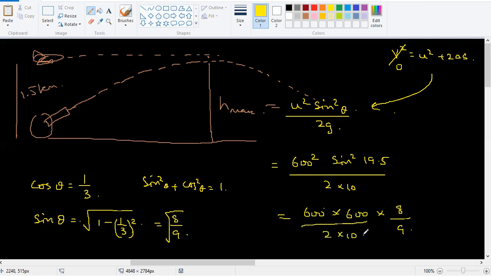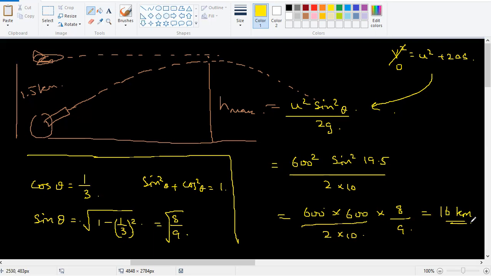So do the math and we'll get the answer. So this is an important trick in trigonometry. Whenever cos theta is known, you can calculate the sin theta. Or whenever one of them is known, you can calculate sin theta, tan theta, all the other things. Okay, so make sure you understand this or remember this. So if you do the math, I think you will be getting something close to 16 kilometers.